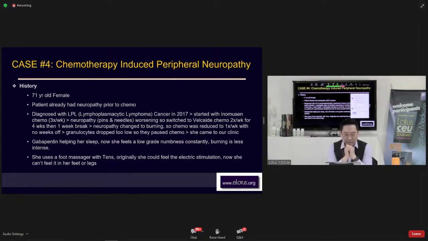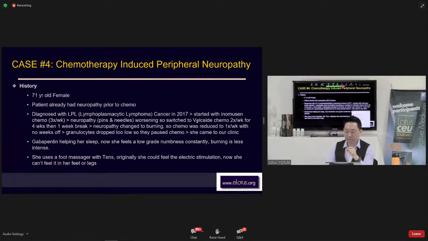All right, so this is a 71-year-old female. Patient already had neuropathy prior to chemo, diagnosed with lymphoplasmacytic lymphoma cancer in 2017. Started with chemo 3 times a week, and it developed neuropathy, pins and needles, worsening, so that chemotherapy made her original neuropathy worse.